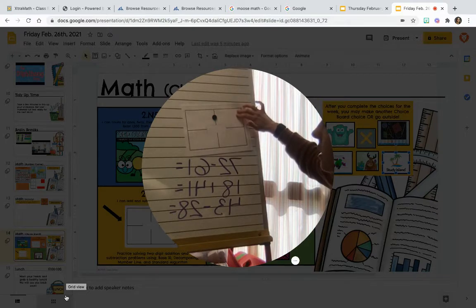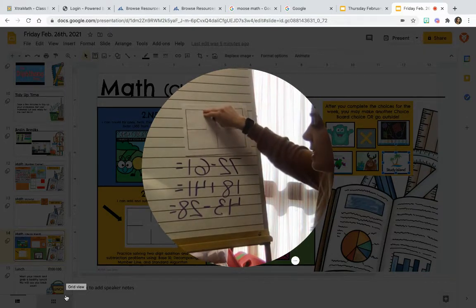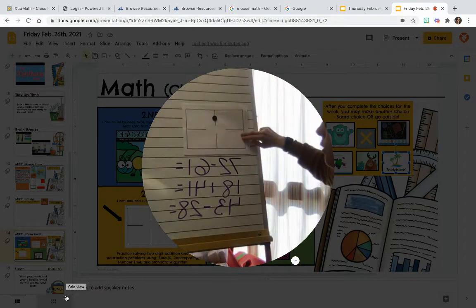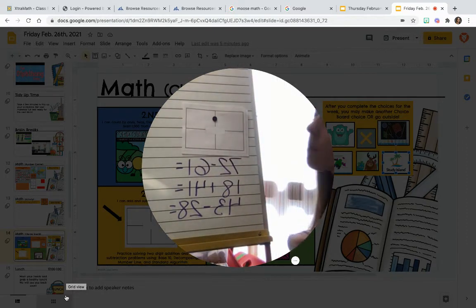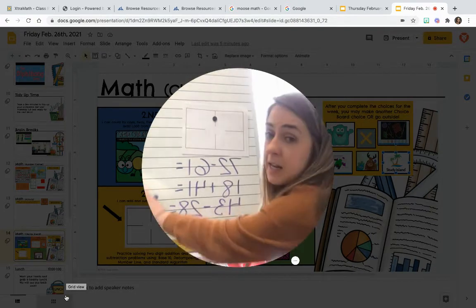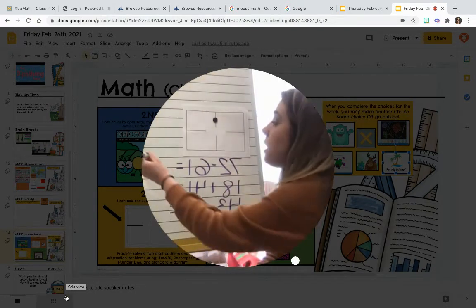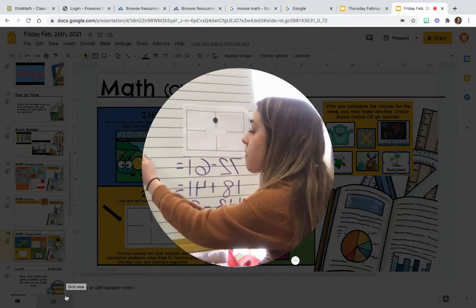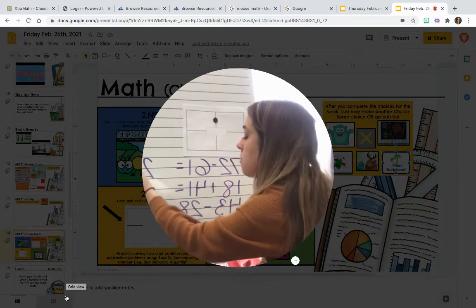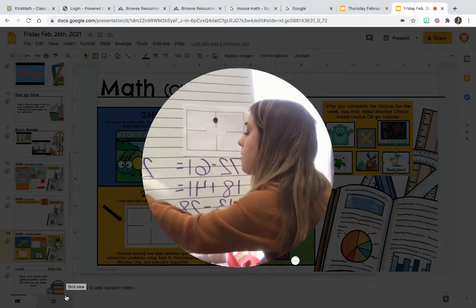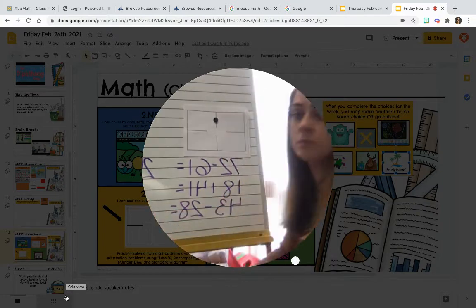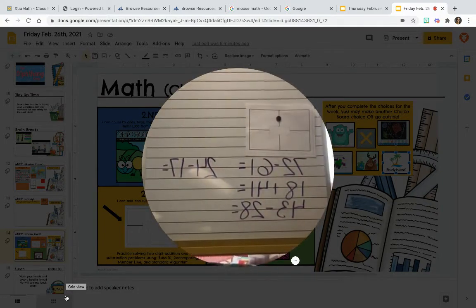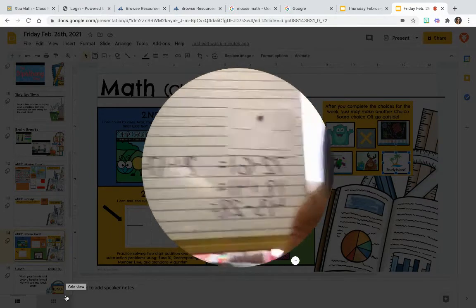Okay, so 72 minus 61, 18 plus 41, 43 minus 28. Now for this last one, I'm going to write it right here, but you're going to be writing it in this box. I want to know what 24 minus 17 equals. So 24 minus 17. Okay, so that's choice 2.